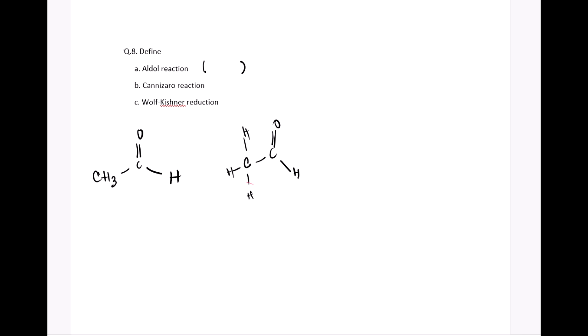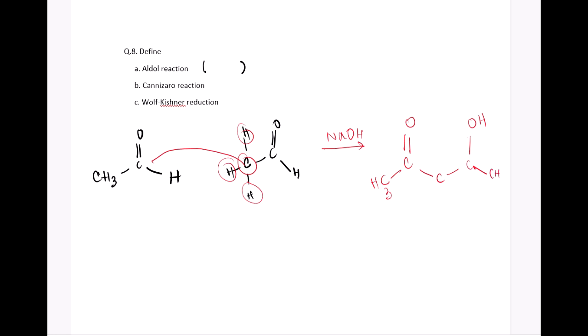So here we have alpha hydrogen in both of the cases. For the aldol reaction we need only the basic ingredient, sodium hydroxide. Then this carbon will get attached to this carbonyl carbon, and we will get C double bonded O CH3, and one of the carbons will get attached to another double bonded O, and that double bonded O will become OH, and the CH2 will remain here, with that hydrogen on that side.